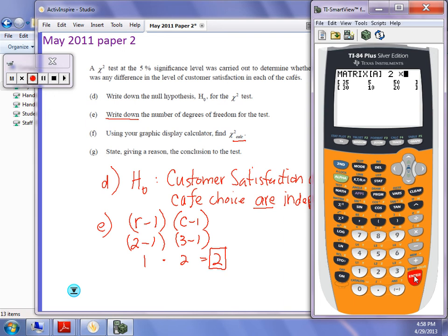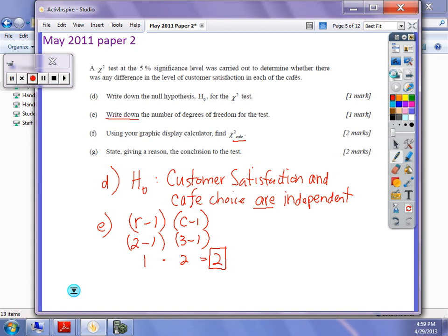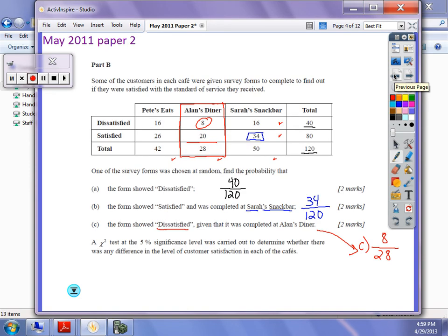So you'll change the dimensions or the size of your matrix to a 2 by 3. Now, enter the values into the matrix from this chart that you see. So you're just going to enter the 16, 8, 16, 26, 20, 34, 42, 28, and 50 into the matrix.